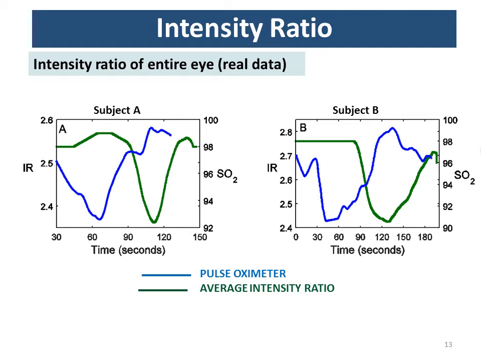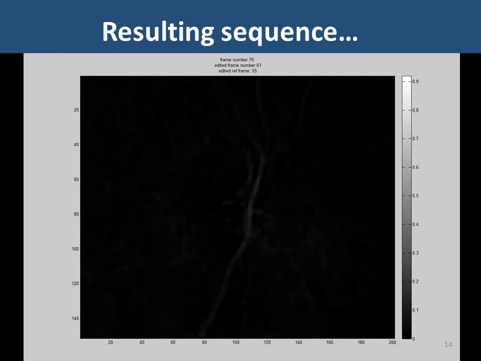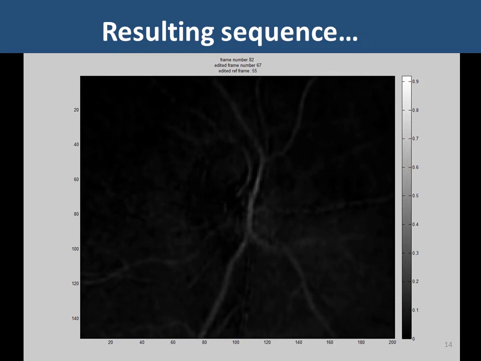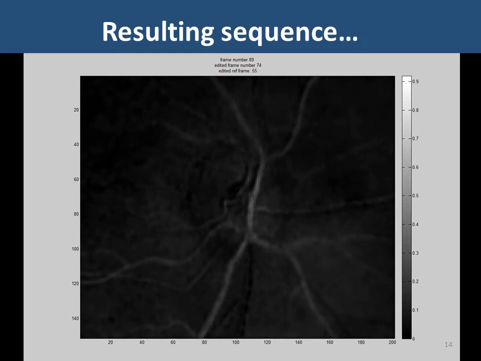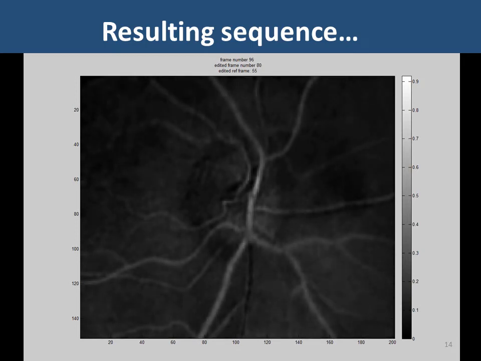And the shapes, although this can be affected by things like motion, are somewhat similar for both of these. This one's more narrow than this particular deoxygenation wave over here. And really, the main point is this is the sort of results you get. So here, actually, I'm going to dim the light to let you see better.